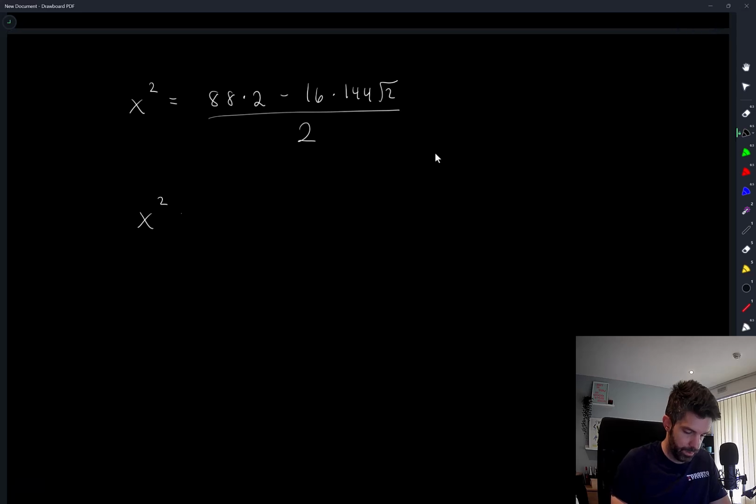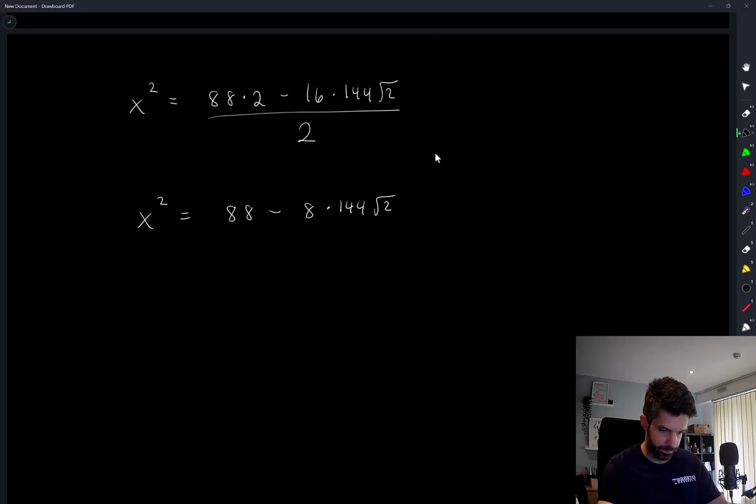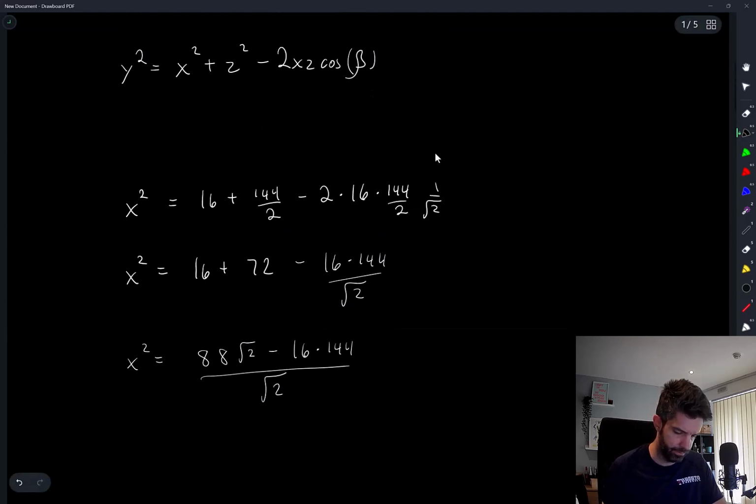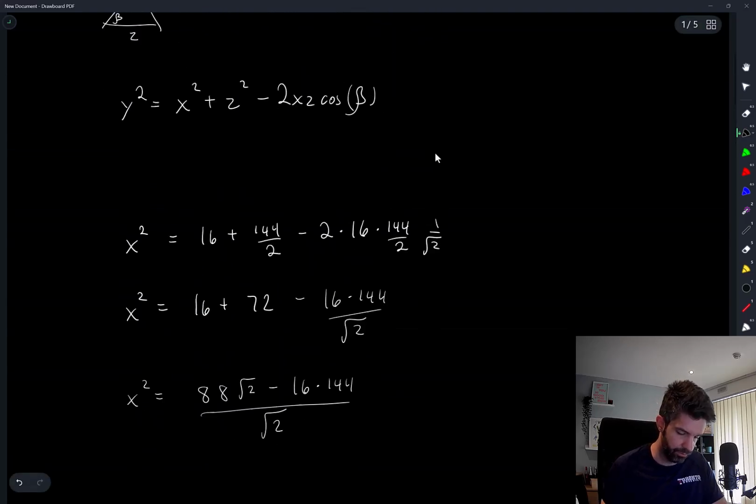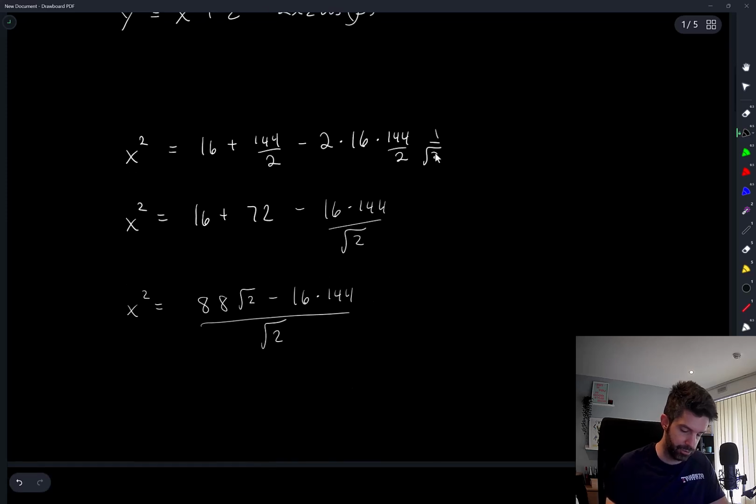So x squared is equal to 88 minus 8 times 144 root 2. This number looks negative. Did I? Oh, I squared something when I shouldn't have. Backtrack.